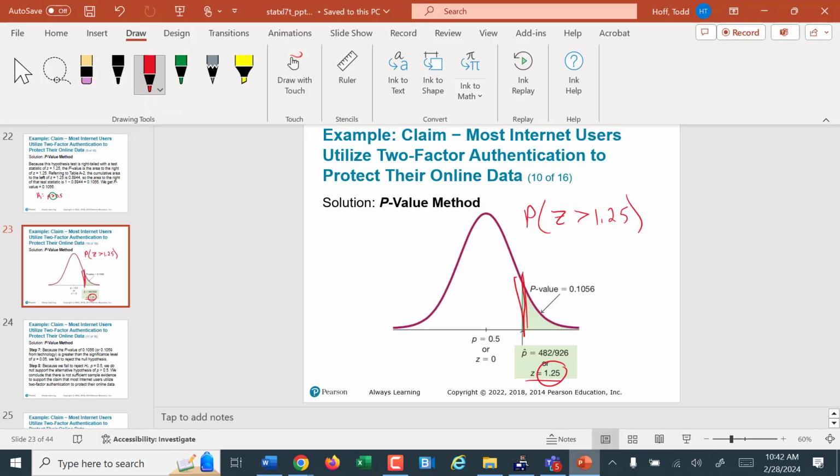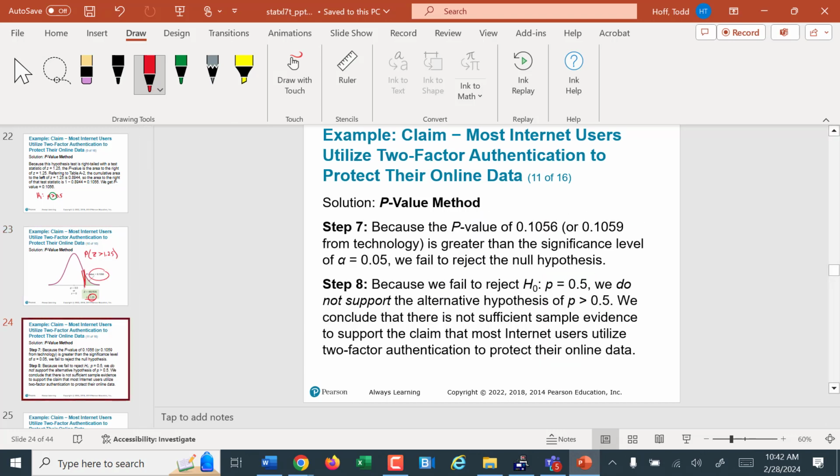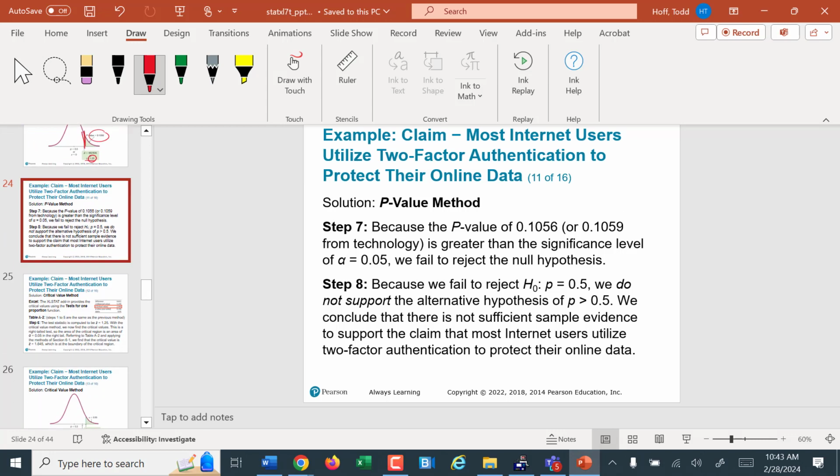So that is our p-value, 0.1056. That is not less than alpha, so we would fail to reject the null hypothesis. What that means is we do not have enough evidence to reject the null hypothesis in support of the alternative. In other words, there's not enough evidence to support the claim that most users use two-factor authentication.